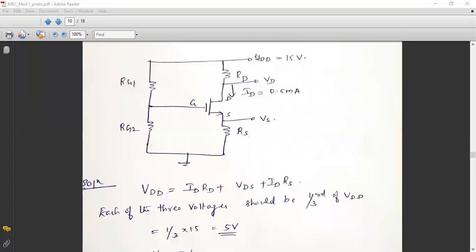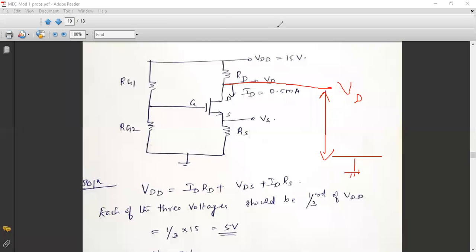Now what about VD? How can you write the equation for VD? VD means the voltage at the drain with respect to ground. This much voltage you have to take into consideration. Can anybody tell me how you can find VD? As of now, you know the drop across RD, the drop across RS, and the drop across the drain to source terminal. From this, how are we going to write VD?